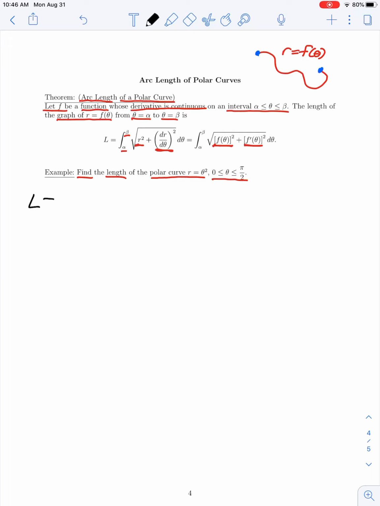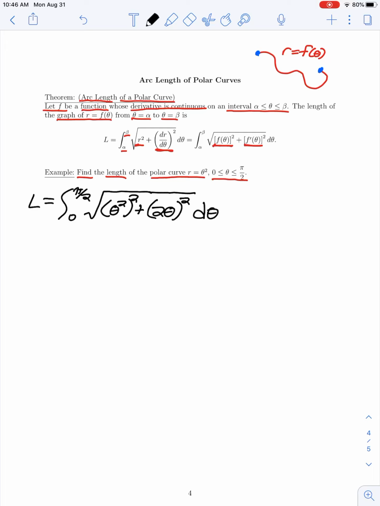So using our new formula for the arc length of a polar curve, we have that arc length L is given by the integral over our theta interval, here from 0 to pi over 2, of the square root of r, which was theta squared, squared, plus the derivative of r, which would be 2 theta, quantity squared, integrating with respect to theta.